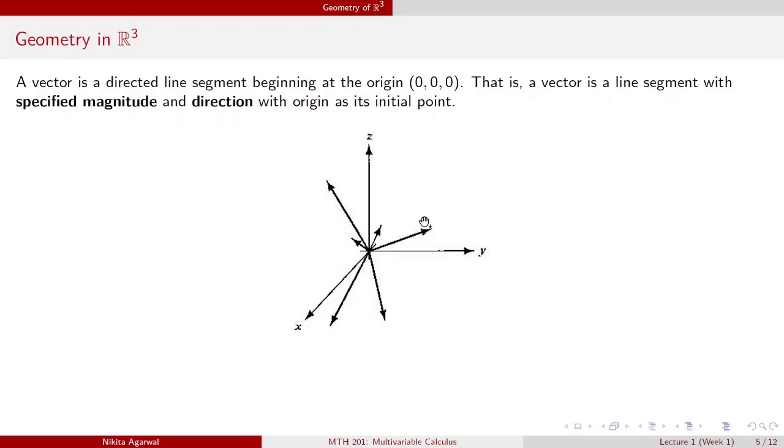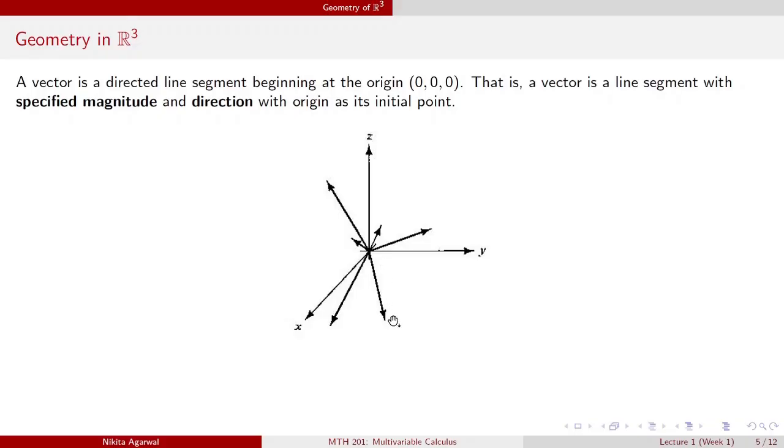So what you do is you decide a specific length and a direction, and you draw an arrow which is directed like this. Here in this picture we have drawn several directions. This is one, this is another, this is a third, and there is a specified length.